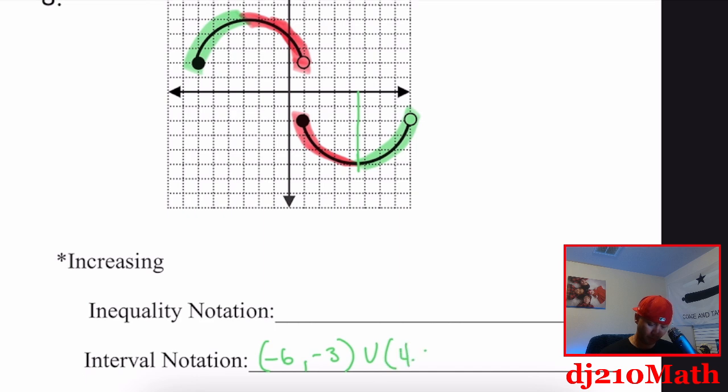Union, 4.5, up to 5, 6, 7, 8. Up to 8, for the x value of 8. Okay. As inequality, x is in between -6 and -3. And x is in between 4.5 and 8.